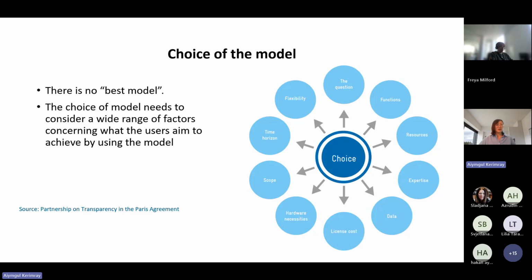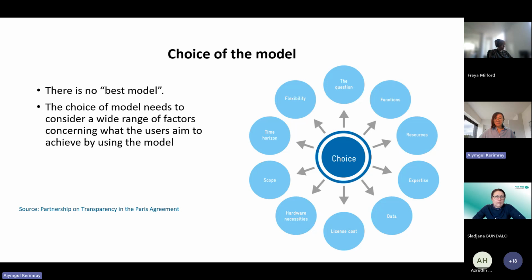And actually, a model is not used for prediction, but rather it follows a possible pathway of the future based on certain assumptions. So the better our assumptions are, the better the results. But in any case, the user has to make a set of assumptions, and the model cannot predict certain things that might happen in reality. So that's why it's not a prediction model, but a model that follows the possible pathway based on a set of assumptions.